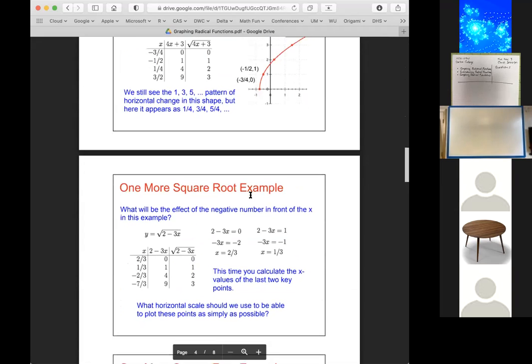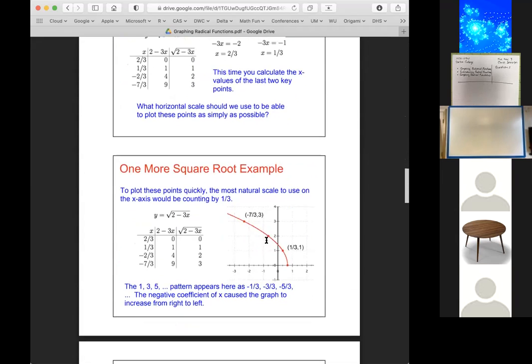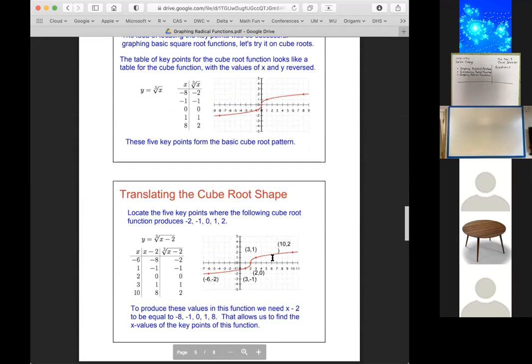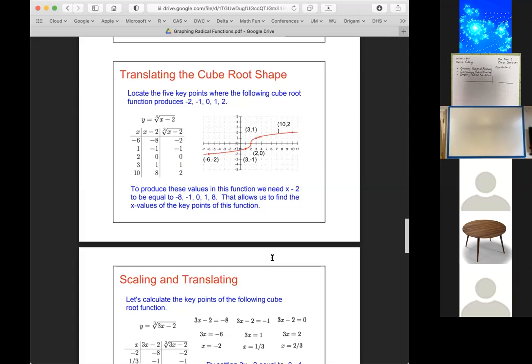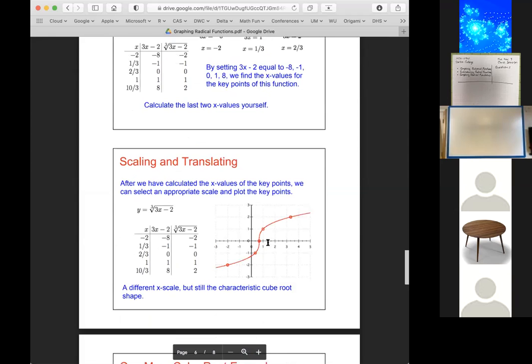That's a square root, and of course then you can do the same for a cube root. Move it up, down, left, right, shrink and stretch.